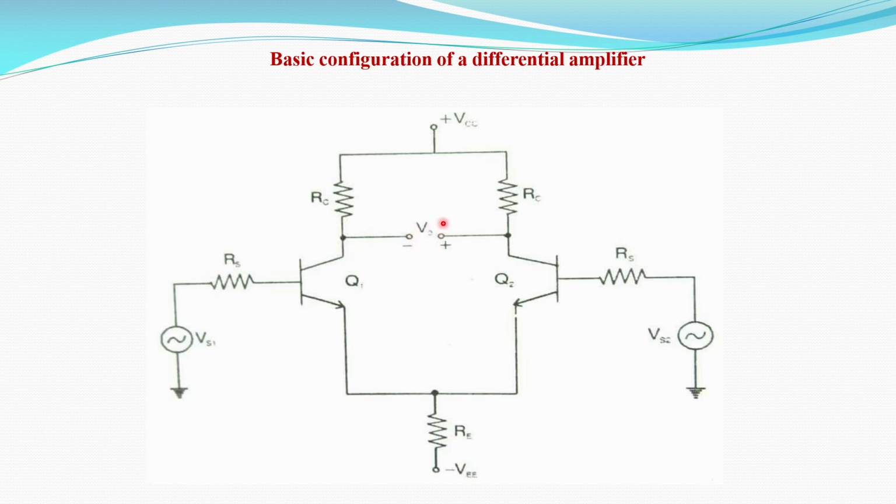It is a common output, denoted as V0, and the supply given to the collector terminal is denoted as plus VCC. The emitter terminals of both transistors are coupled. Here we have connected the emitter resistance and the supply is denoted as minus VEE. This is the basic configuration of the differential amplifier.